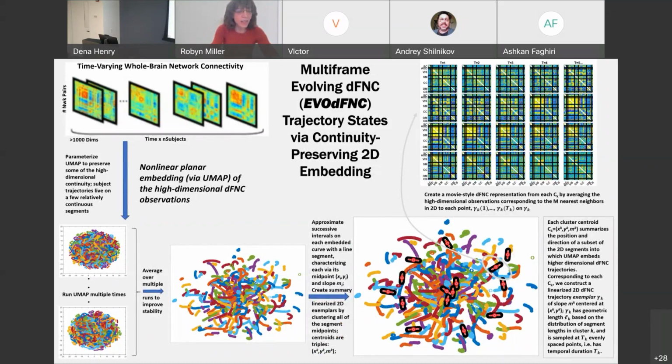So one of the challenges, because the process is extremely continuous, extremely smoothly varying, is that we want to capture something more organic about the flows within the high-dimensional state space, which is really hard. There are a lot of challenges because we work with resting state data, where across different subjects, time points don't really have specific meaning.